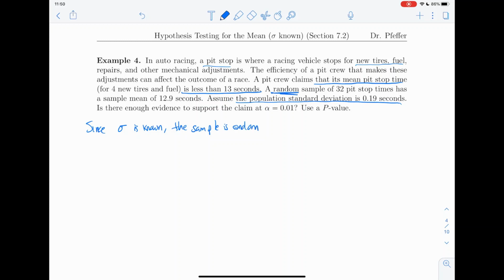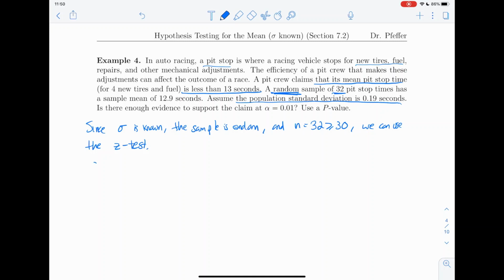That was told to us right here. And the sample size given is 32, which is greater than or equal to 30, so it's sufficiently large. This tells us that we can use the z-test. What that means for us is we're in the context of section 7.2 and no other section.